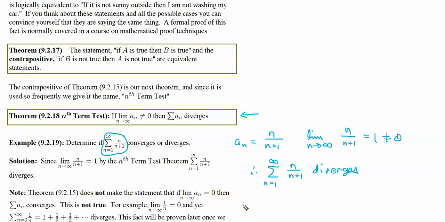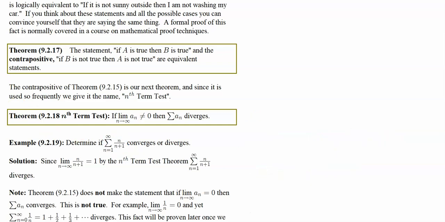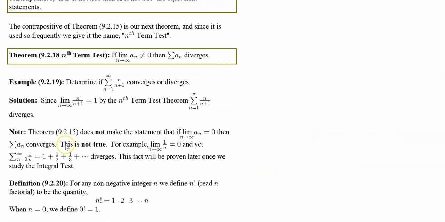So let's take a look at that in good detail. So please take note of this. The nth term test does not make the statement that if the limit is equal to 0, then the series converges. This is absolutely not true, okay? So do not think that it is telling you that.